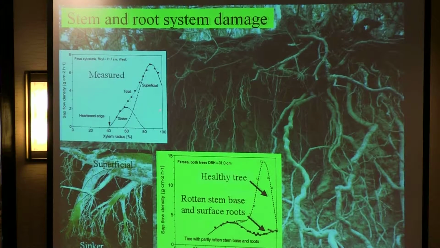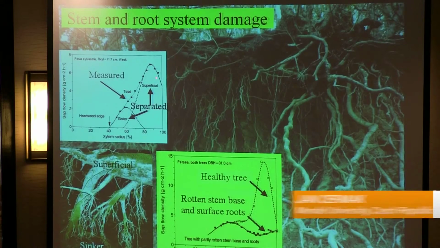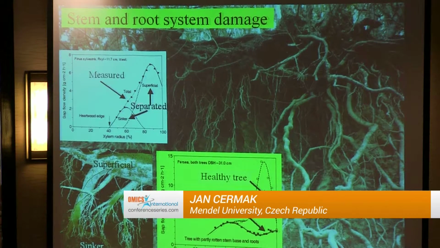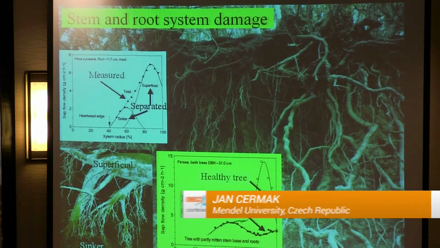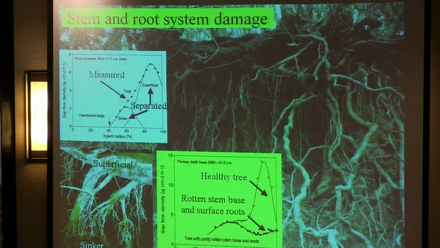Well, and this is what we are doing. Let's assume we are measuring. These points are points of measurements using multi-point sensors, yes? And this line can be separated into 2 Gaussian curves using a mathematical approach, and again this corresponds to superficial roots, and this corresponds to sinker roots.